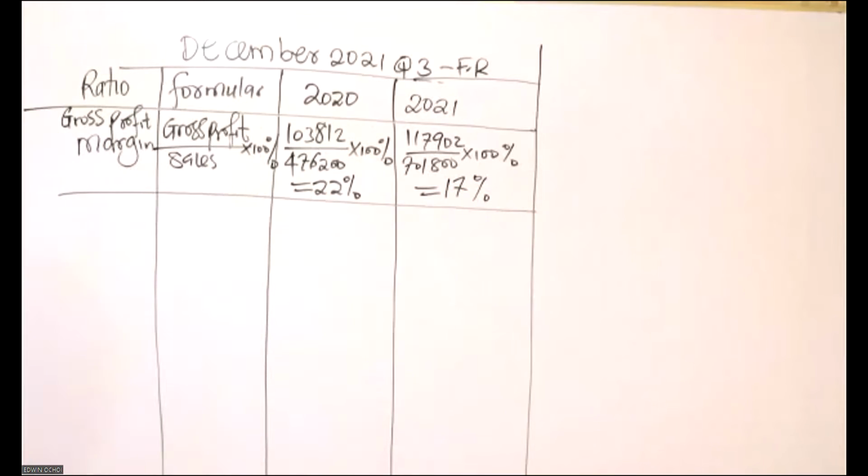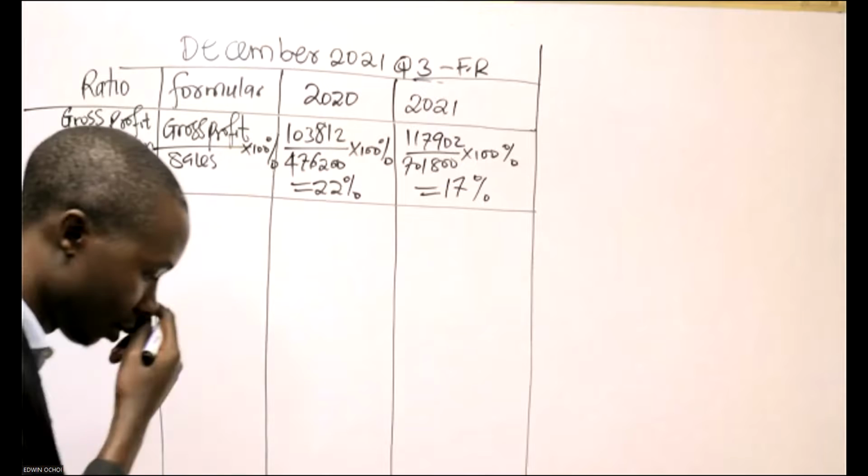And the gross profit margin, what does it show?